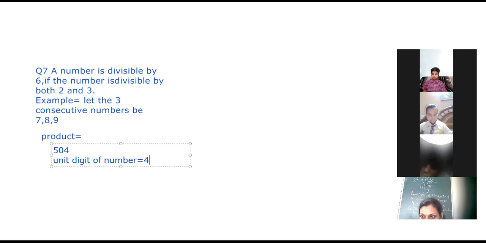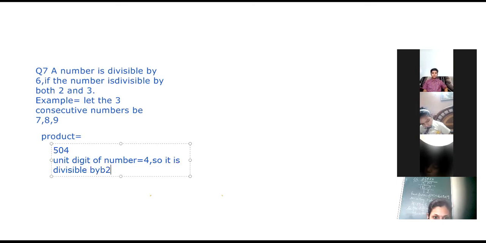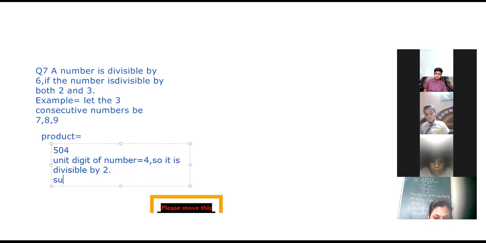504, the unit place, that means at the ones place it is 4. So 4 is divisible by 2. Let's move to the divisibility of 3. We have to find out the sum of the digits.